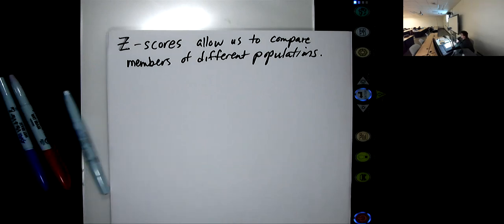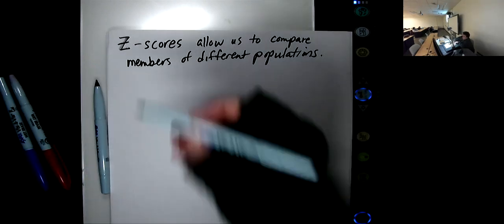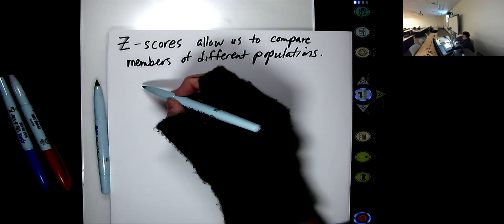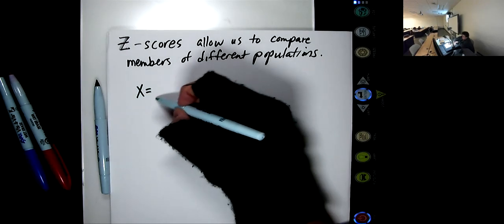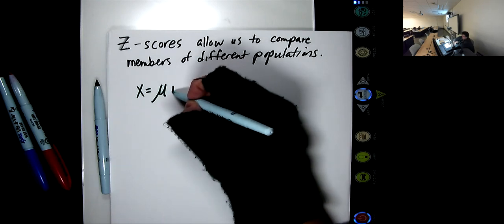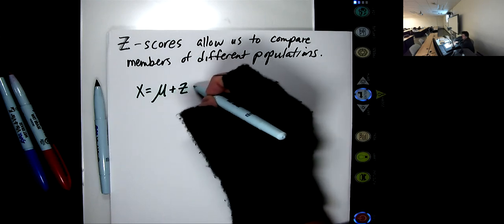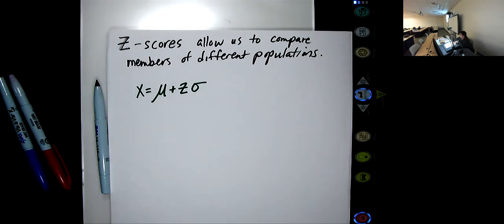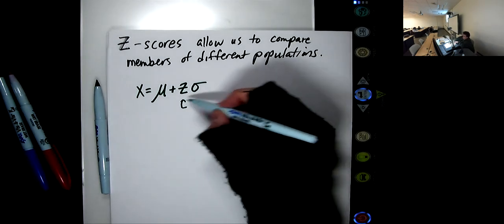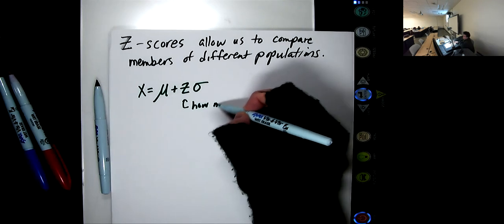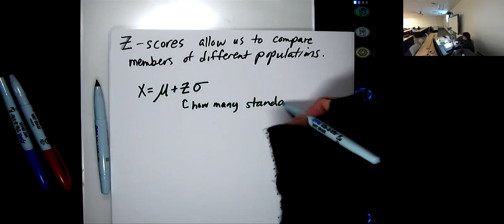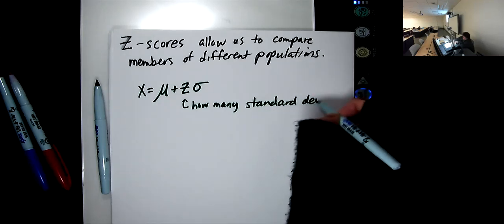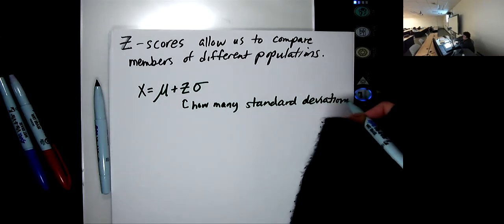The formula comes from this. It stems from the X value for the bell curve. Any particular value X is equal to mu plus some multiplier on the standard deviation. So this is how many standard deviations away from the mean.